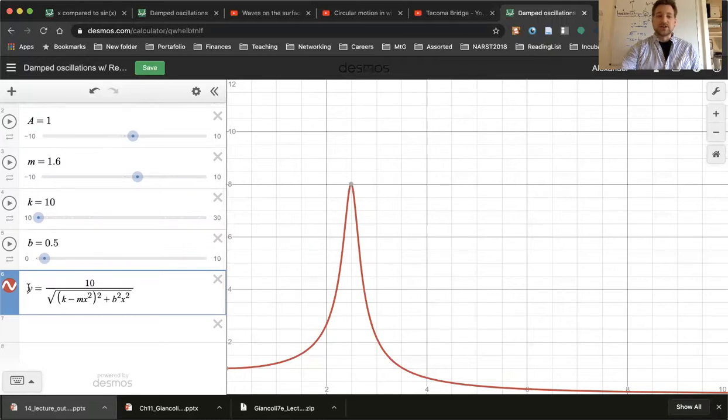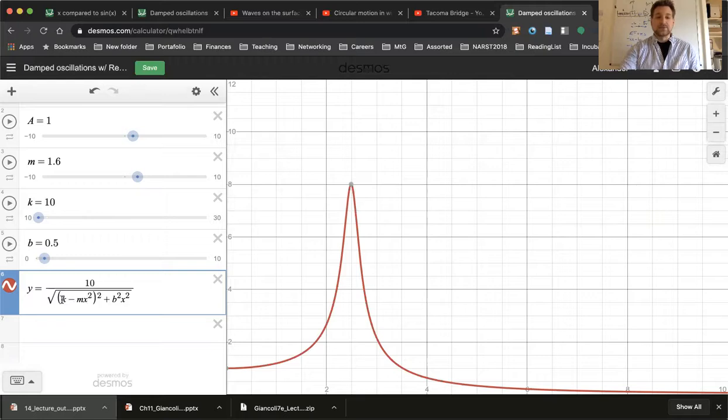I just want to talk about the amplitude of the oscillation that results when we push with a force of 10 newtons at a frequency that I'm using the x variable for. So as x changes across the horizontal axis, we're tracking the amplitude of the response. And we get this fantastic peak here right around 2.5 radians per second.